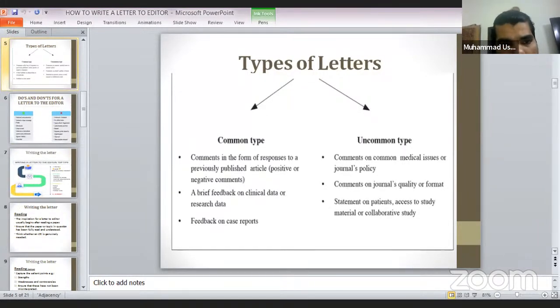It is usually brief feedback on clinical data or research data, and it can also be feedback on case reports. The uncommon types of letter to editor are basically comments on common medical issues or journal policy, and comments on journal quality or format. And number three is a statement on patients' access to study material or collaborative study.